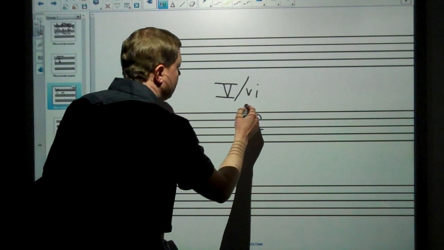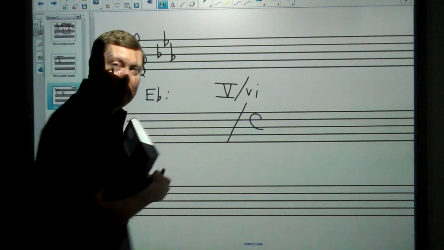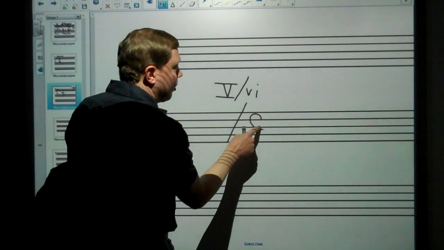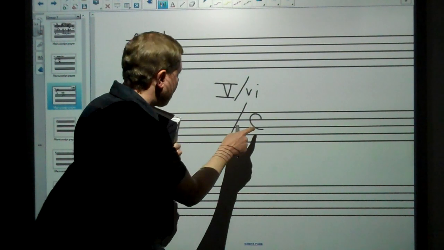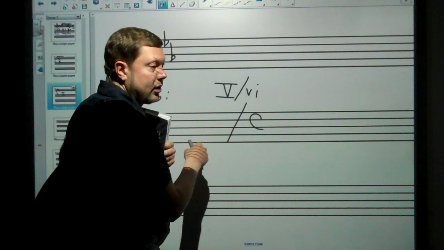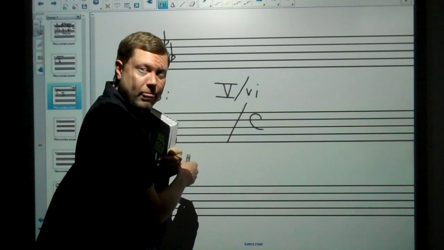Well then, what we need to do is find the root of C's dominant. In other words, we need to spell a dominant chord of a C chord. And the best way, I think, to find the root of this chord is to go up a perfect fifth from here.